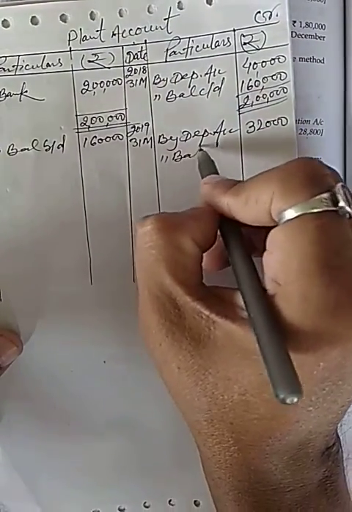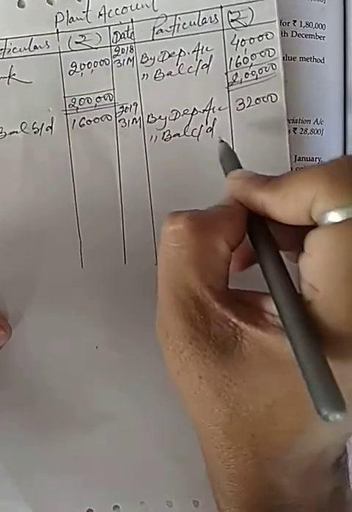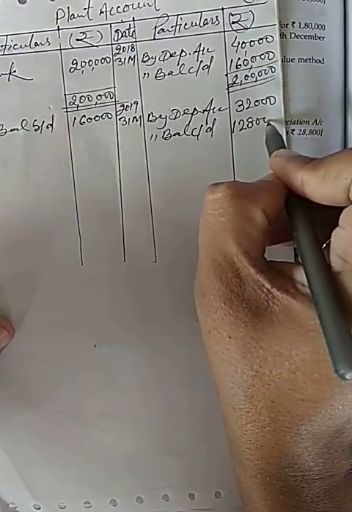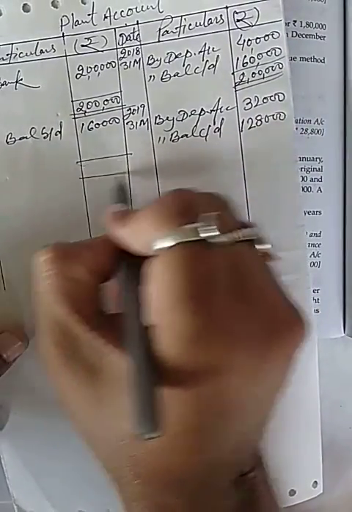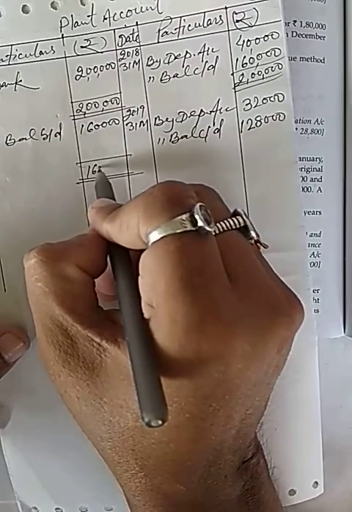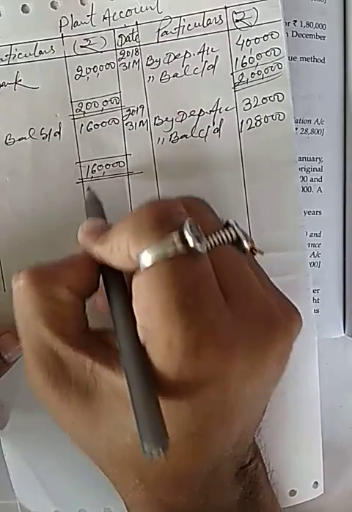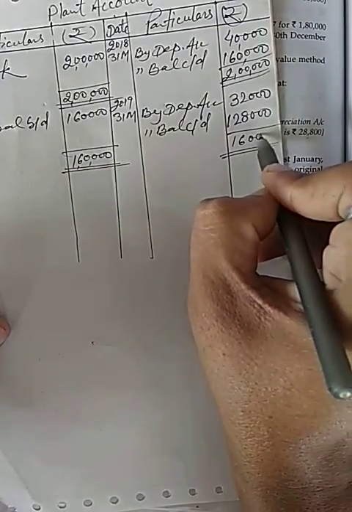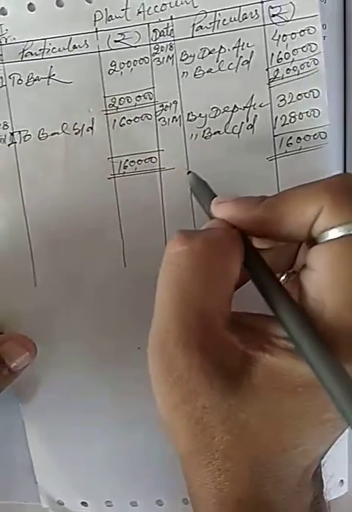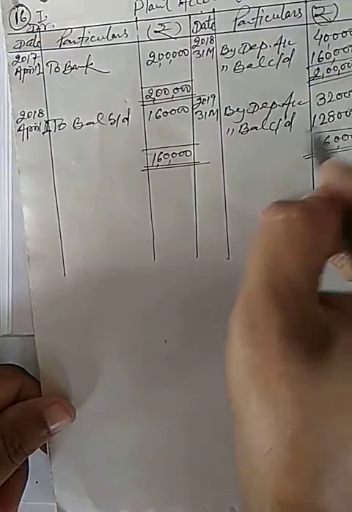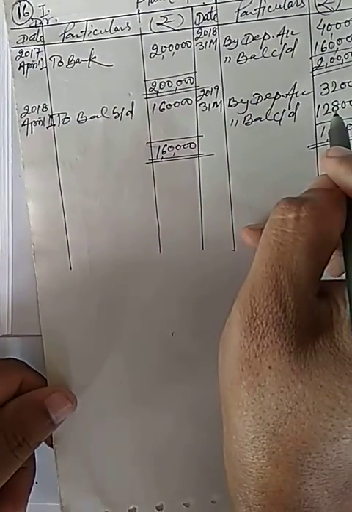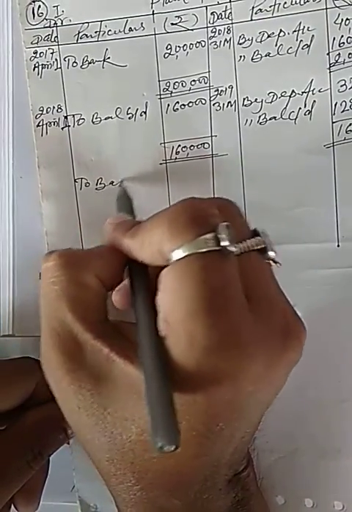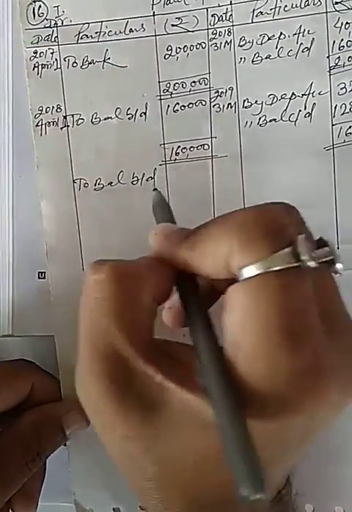So balance CD will now be 1,28,000 and the balance on both sides will be 1,60,000. Now it will be brought down next year to balance BD.